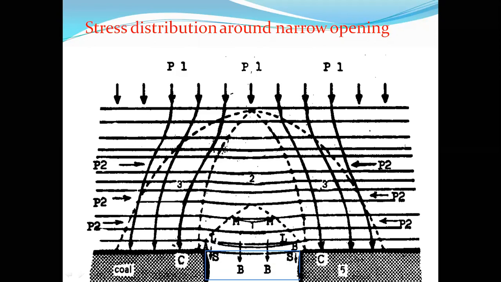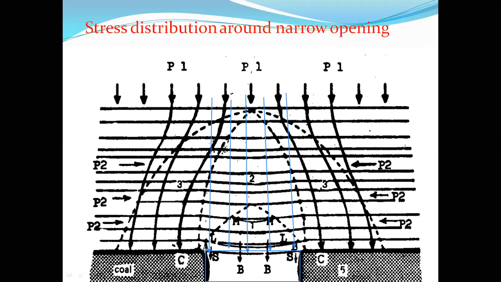Whatever forces were acting initially vertically, it was like this. So before carrying out the mining activity, the forces acting were like this.